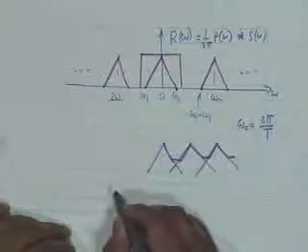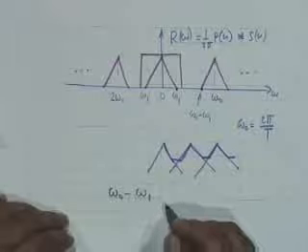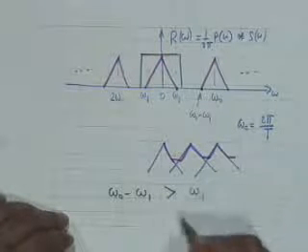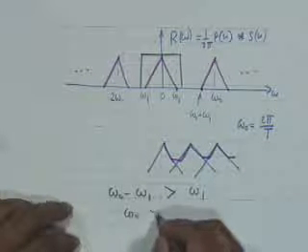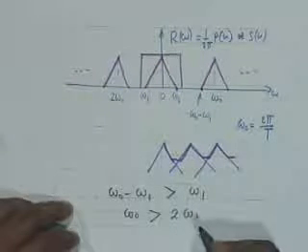What will be the condition for this? Omega 0 minus omega 1 must be greater than omega 1. That is, omega 0 should be greater than twice omega 1.